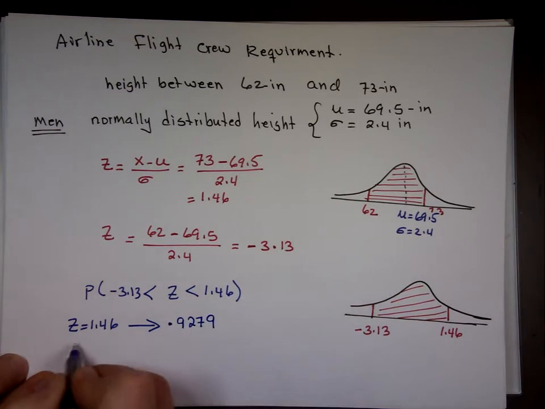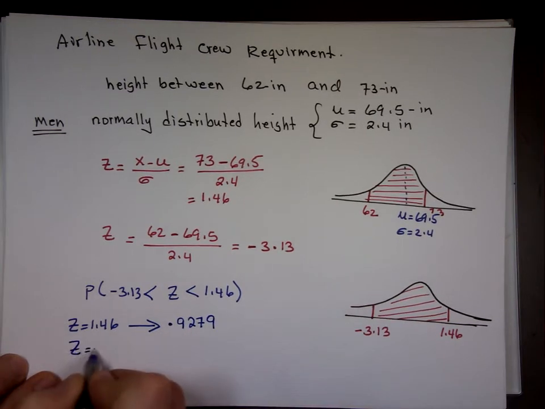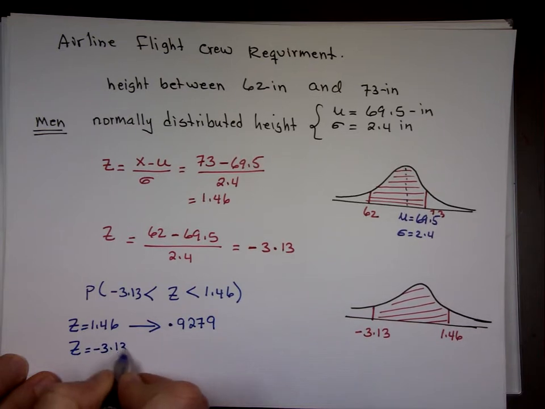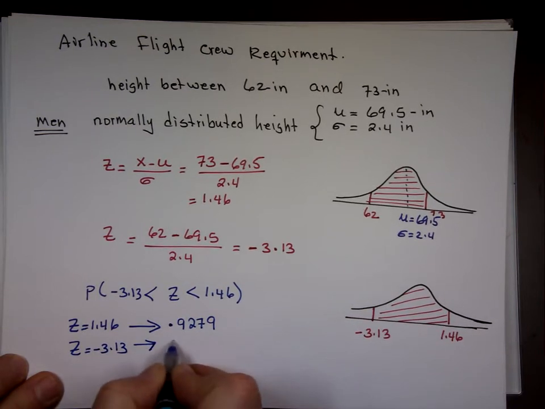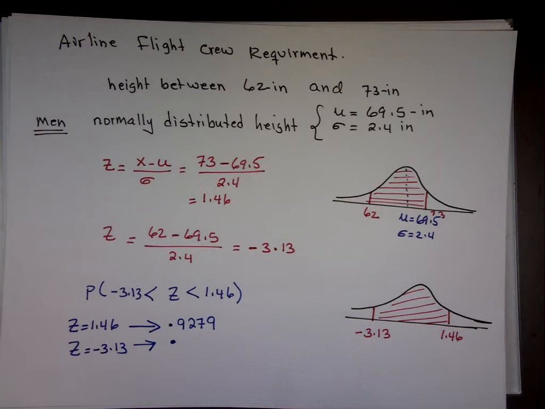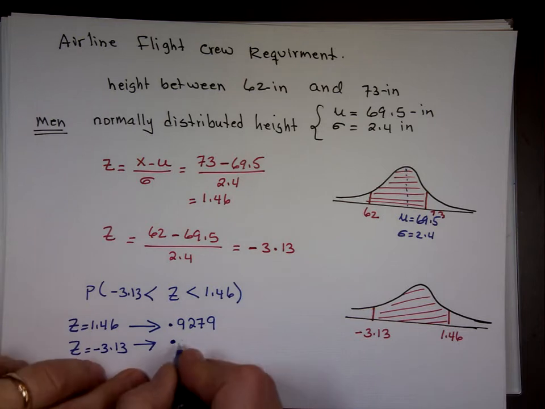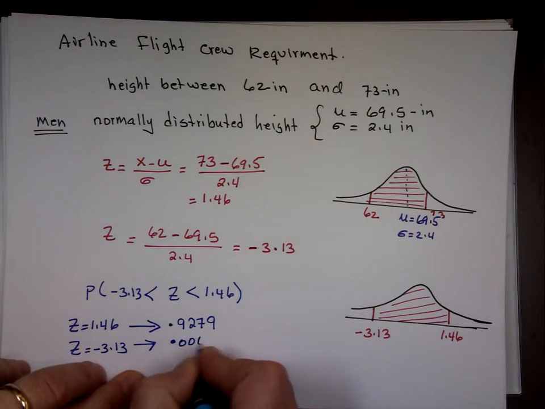Let's look for the area to the left of negative 3.13. That's the negative z-score. 0.0009, and now we subtract them.